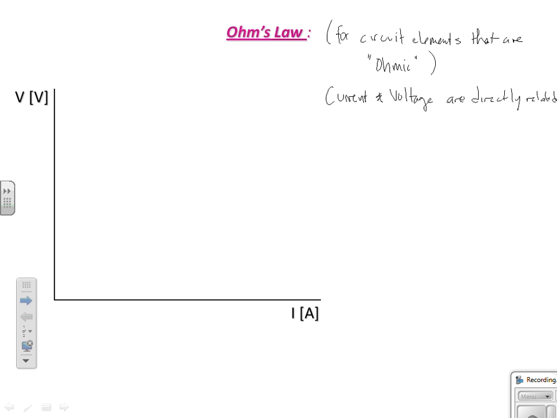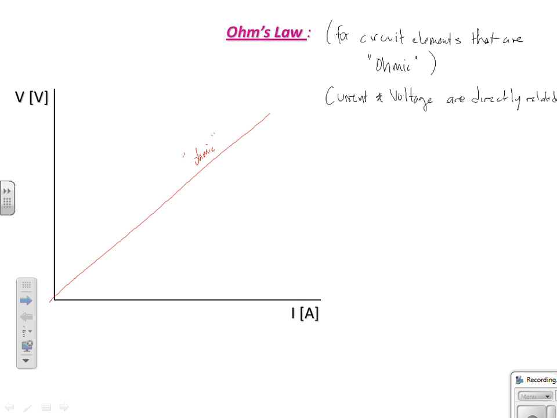Okay? And so you should have seen that one of your sets of data showed a nice straight line like that. This is an ohmic device, an ohmic circuit element, or an ohmic device.